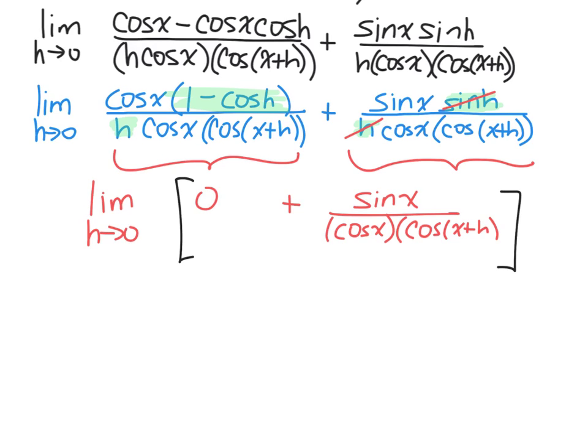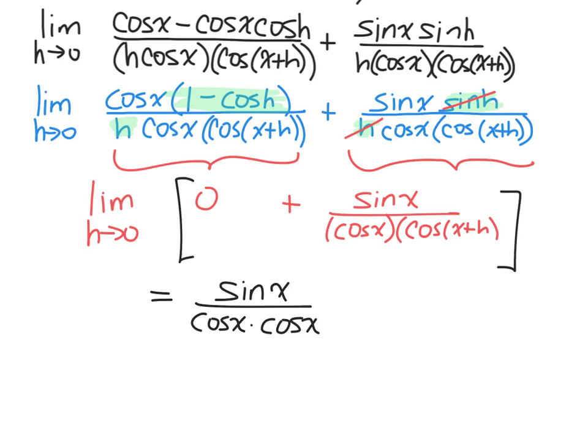So anyway, when I replace the h with a 0, I get 2 cosines on the bottom multiplied by each other. I could actually multiply them, but I'm not going to. I'm just going to leave it, at least for the moment, as cosine times cosine.